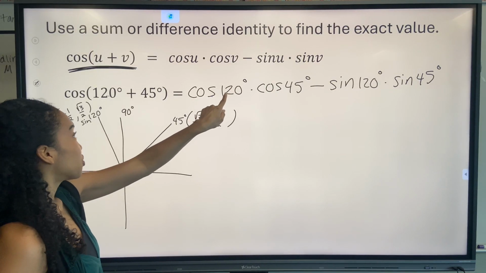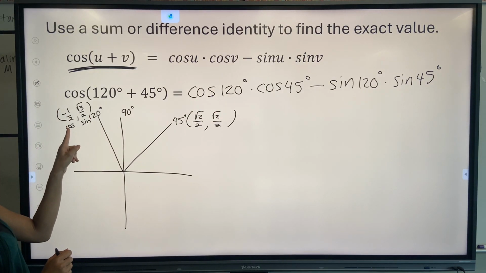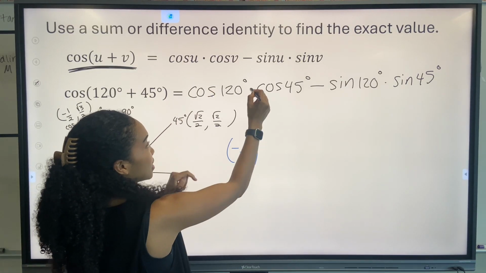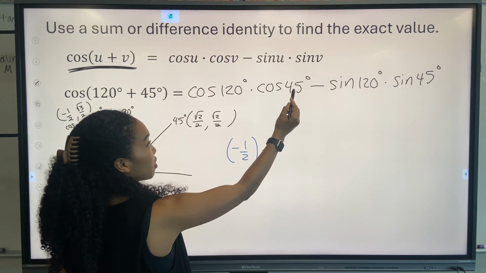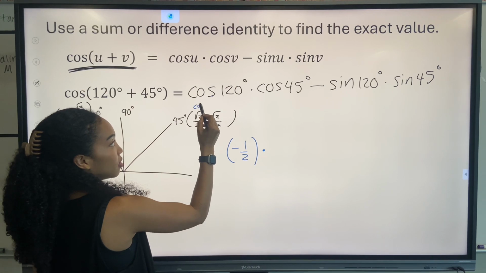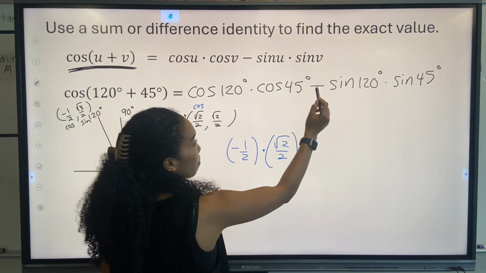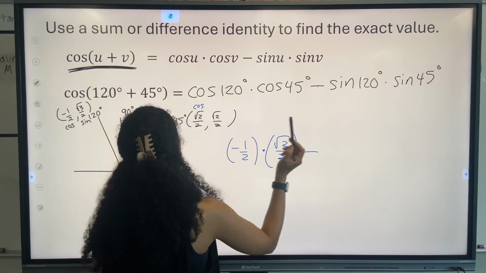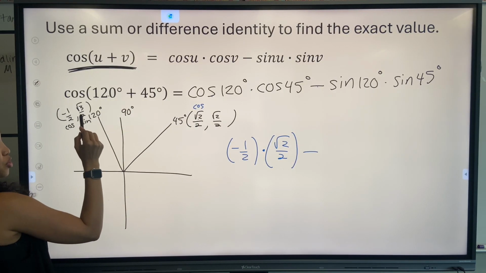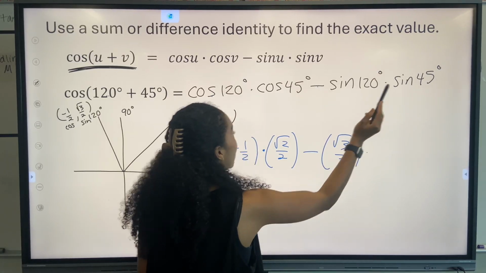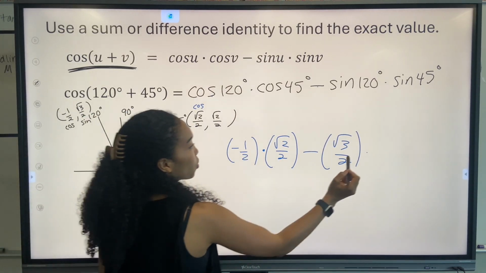Cosine of 120 degrees is equal to -1/2. So this value is -1/2 times cosine at 45 degrees is square root of 2 over 2, minus sine at 120 degrees is square root of 3 over 2 times sine at 45 degrees is square root of 2 over 2.